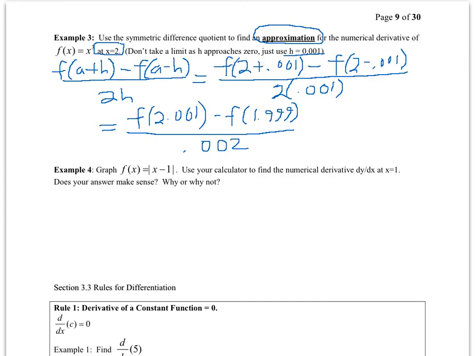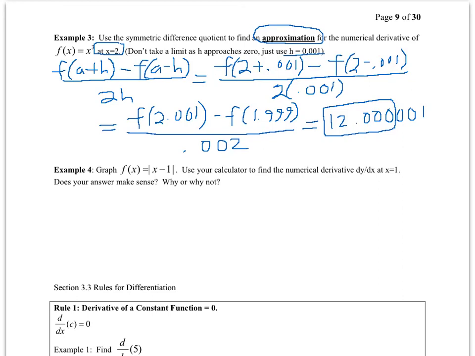If you do 2.001 and cube it, and then f of 1.999, which means take 1.999 and cube that, do all that on your calculator and you'll come up with an answer. You should get 12.000001. Obviously, if you round that to 3 decimal places, which we always do, you're getting a value of 12.